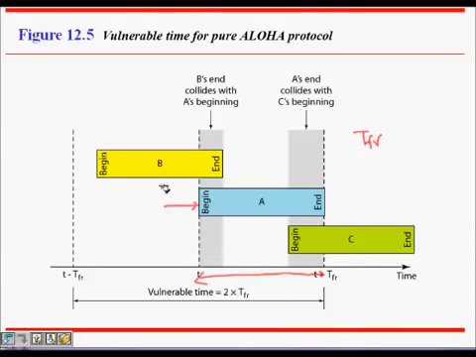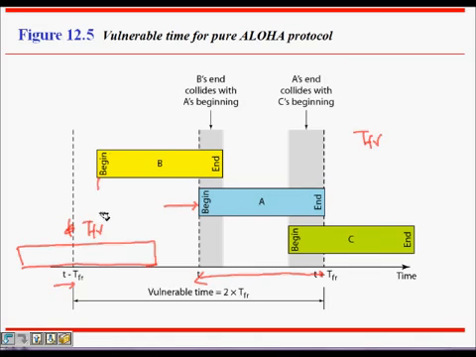I can have a collision if someone had started earlier. If someone had started earlier than t minus TFR, there would have been no collision. But if someone started after the time t minus TFR, there will be a collision, because your frame length is equal to TFR.